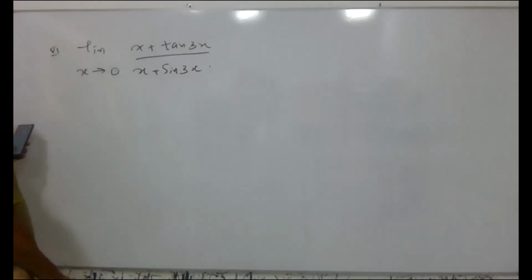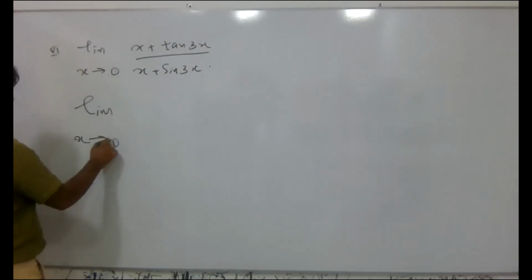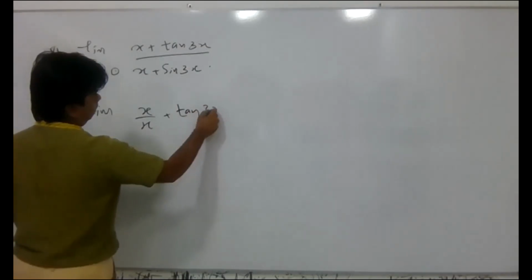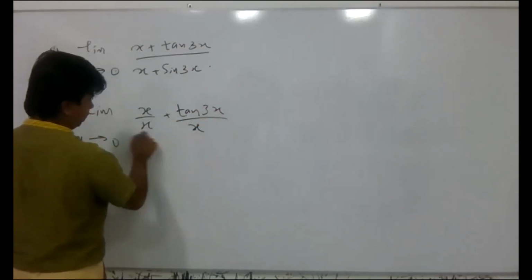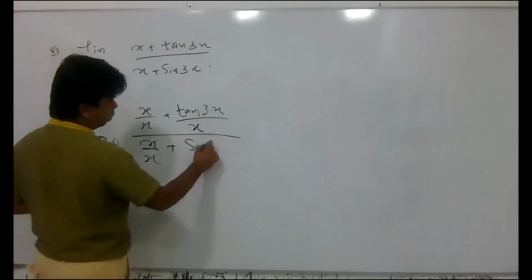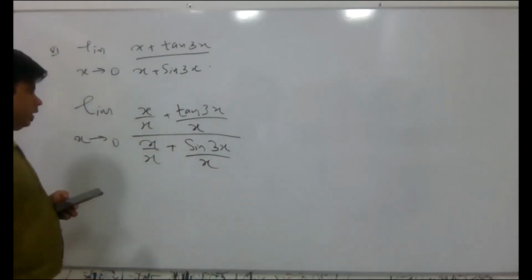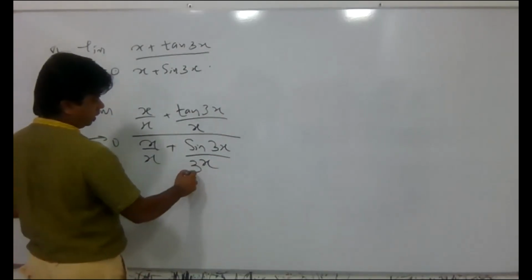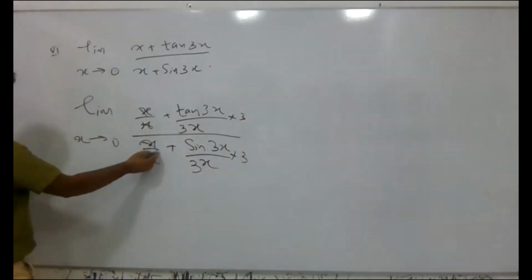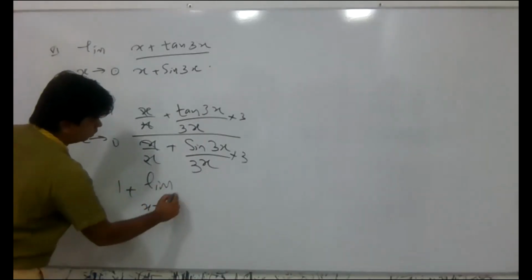Then how do we do this? Very simple. You can write limit x goes to 0, x divided by x plus tan 3x divided by x. Actually, what I am doing here, both denominator and numerator is divided by x. Clear? Then I can write here 3 multiplying by 3, and here 3 multiplying by 3, right? Anyway, these two cancel, then 1 plus limit x goes to 0.